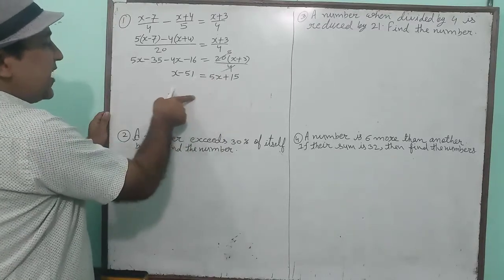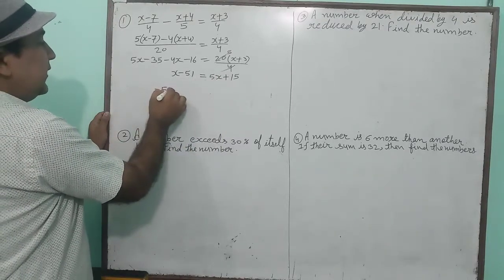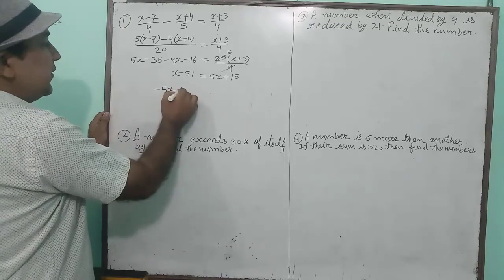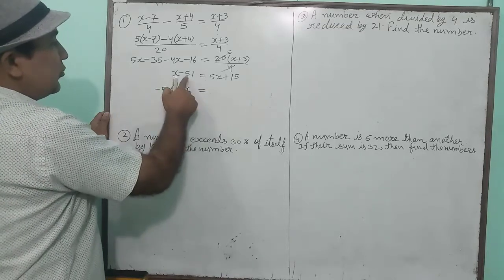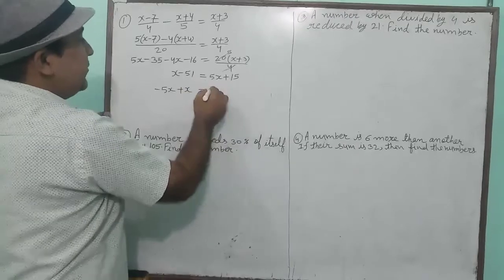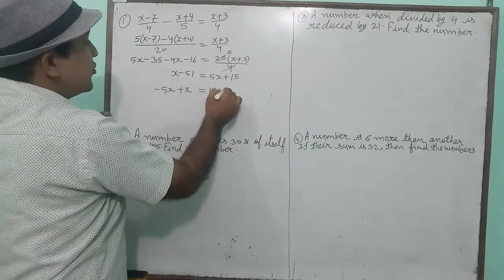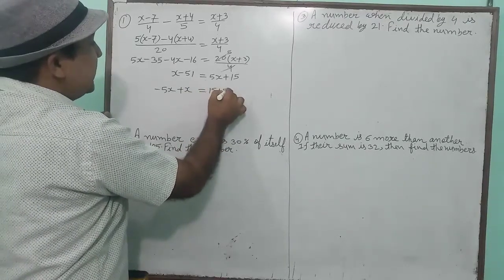Okay, now bring 5x to the left hand side, then it will become minus 5x plus x is equal to 15, and this minus 51 will be transferred to the right hand side, so it will become plus 51.